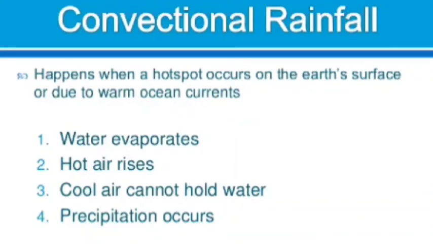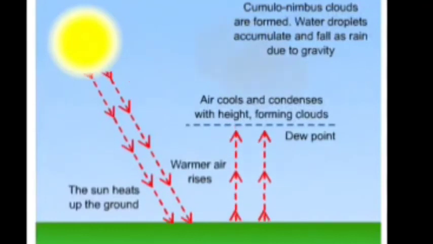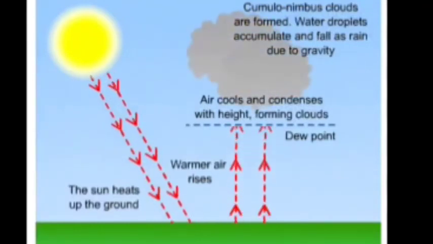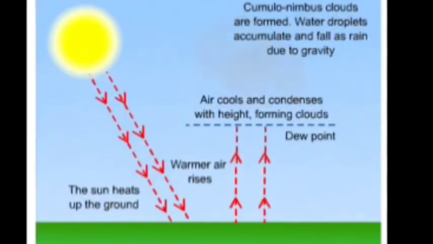How do we get convectional rainfall? Due to the hot sunshine, all the ground heats up and water also heats up. Finally, water evaporates into the atmosphere. This is known as evaporation of water. And how does it reach there?